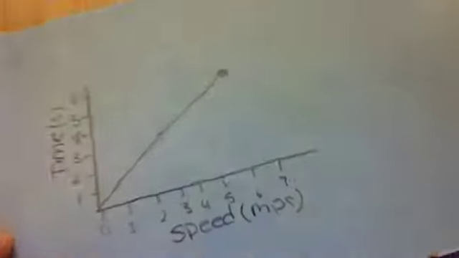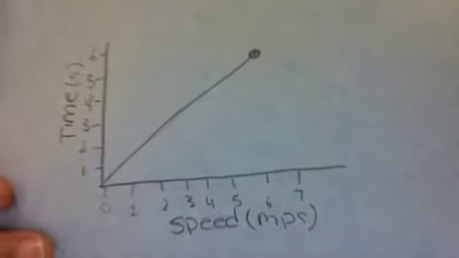Say she was going 7 meters per second across a stage that we don't know the distance of, and it took her 6 seconds to do. Well, this is the chart. Finding distance.